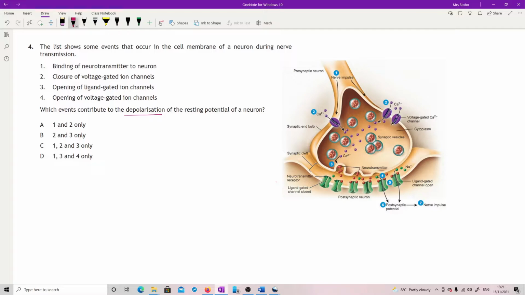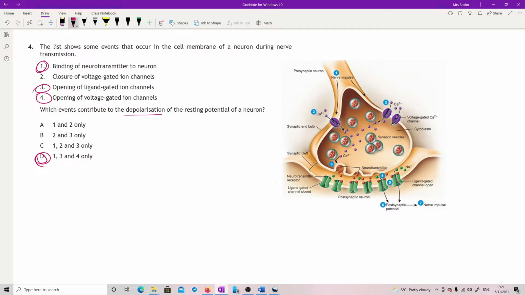First off, this must cause depolarization of the neuron. When the neurotransmitter binds, that's what triggers the wave of charge being used up. Then we're looking for things which will prevent a build-up of charge. So anything which opens up channels will be that.